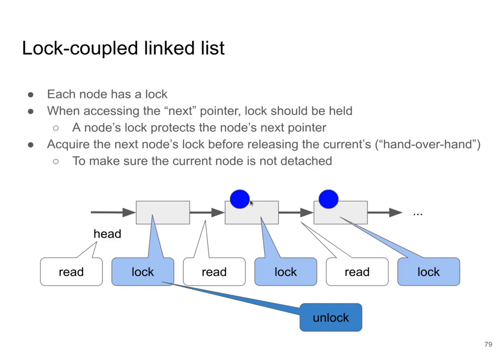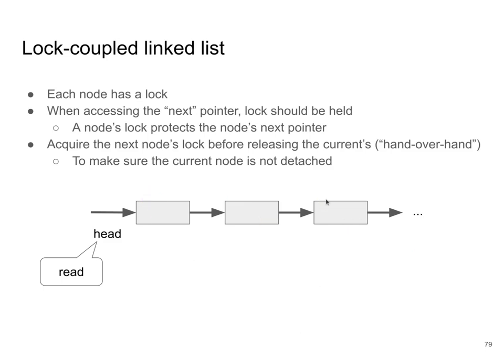Okay, so far so good. The reason why it is called lock coupling is that there is always a couple of locks. You acquire a couple of locks, you unlock one of them, and you lock another, and then you unlock this, again and again. That is why it is usually called hand-over-hand locking.